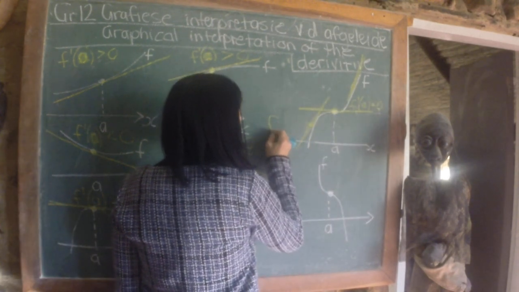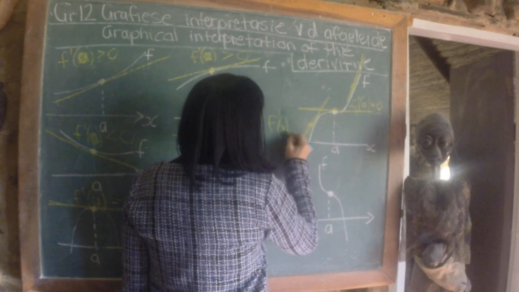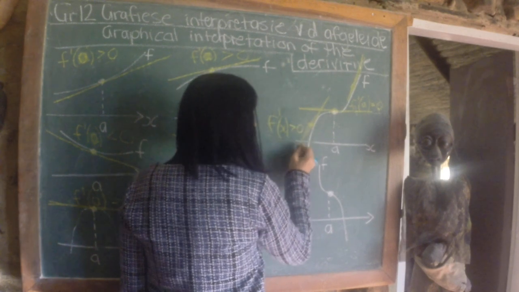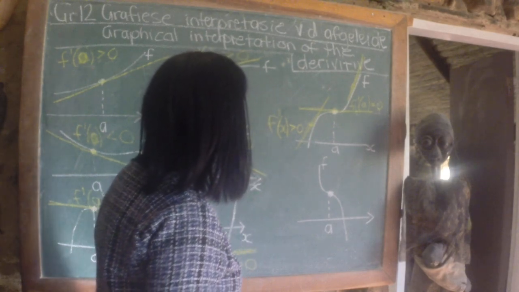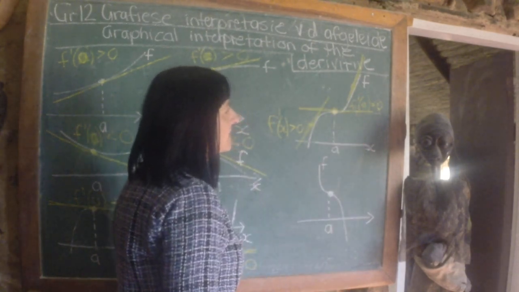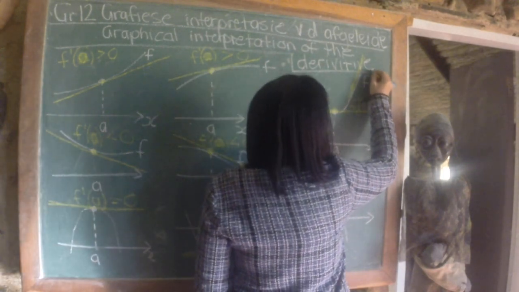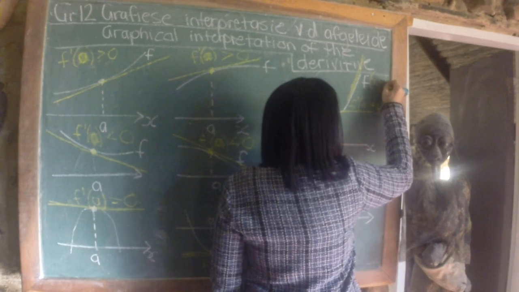Hierso gaan die afgeleide by daai spesifieke punt groter wees as 0 because the function is increasing, it's ascending, and over here the function is also ascending, so the derivative is going to be greater than 0.